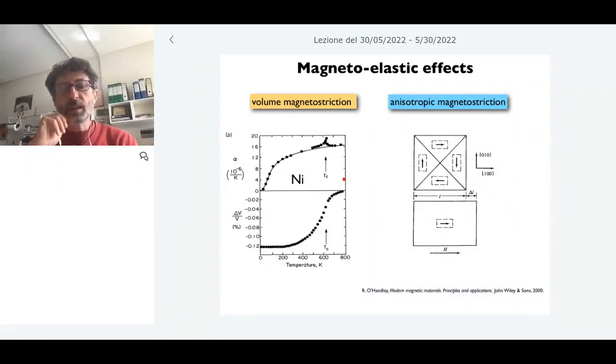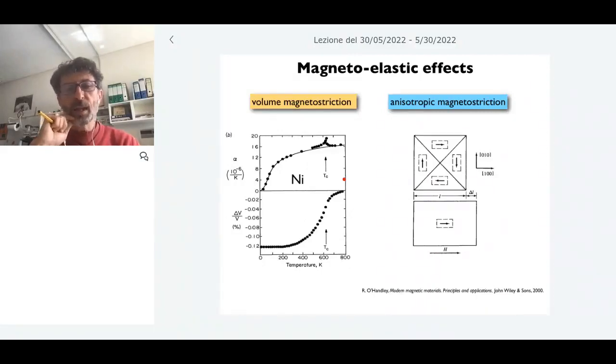If you take the full line, this is more or less what you can expect for solids in general. So you do expect that thermal expansion is positive. When you increase temperature, the sample generally expands in volume. And you find that this thermal expansion coefficient is a monotonously increasing function of temperature.